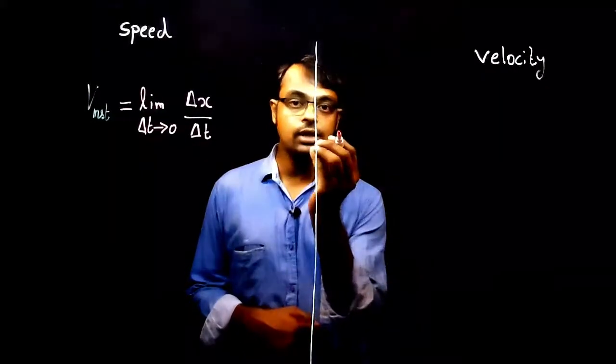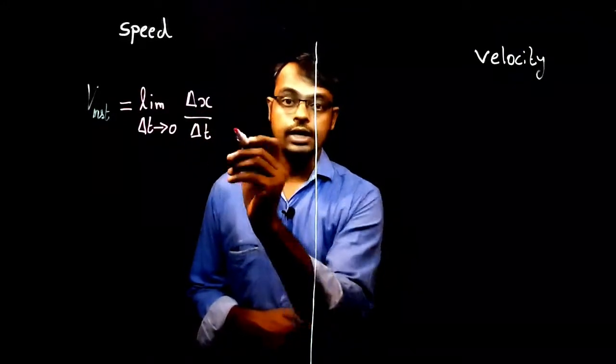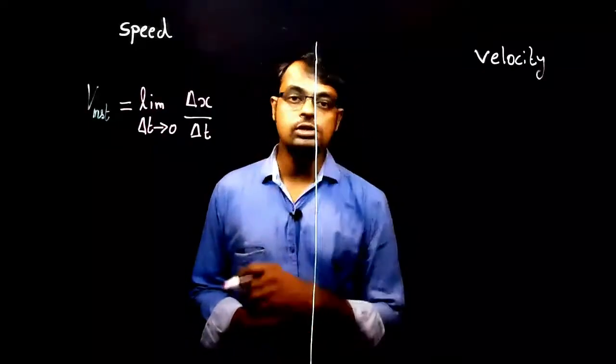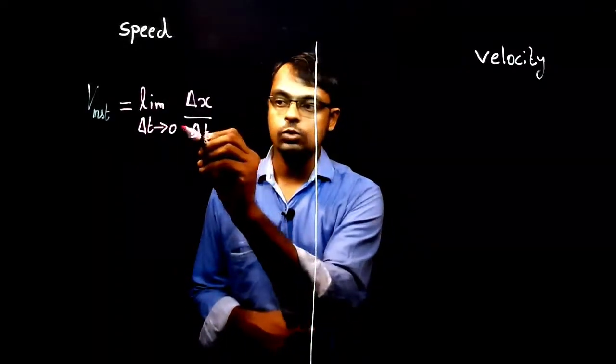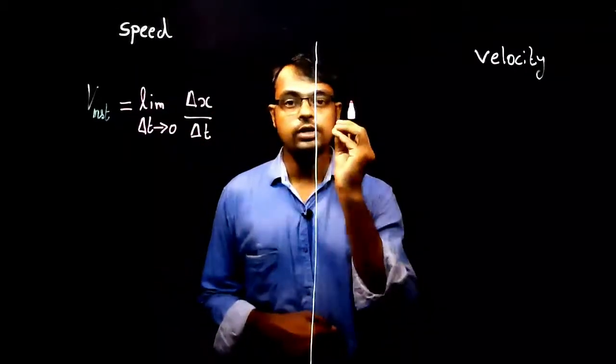In that particular instant, what is the distance covered here? Delta x, a very small distance. And the time interval is too small, tending to 0. It means the time interval is very, very small.